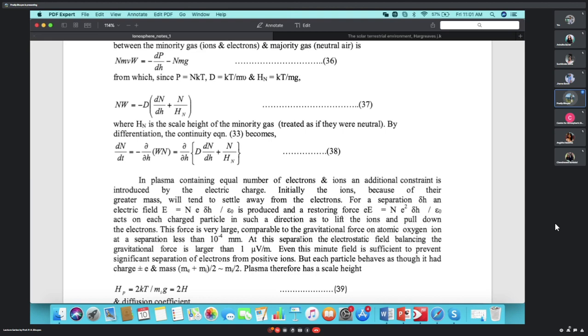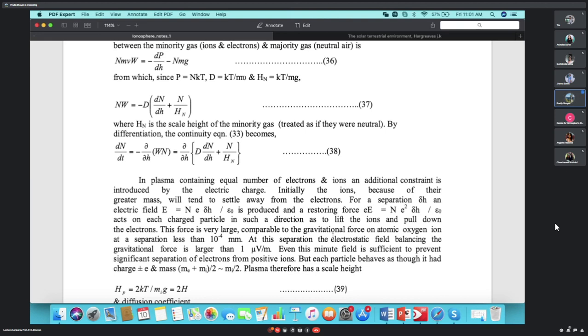Now, because of this restoring force, what will happen? The ions will be lifted upward. Gravity is trying to pull the ions down, but this restoring electric force will try to pull the positive ions upward.